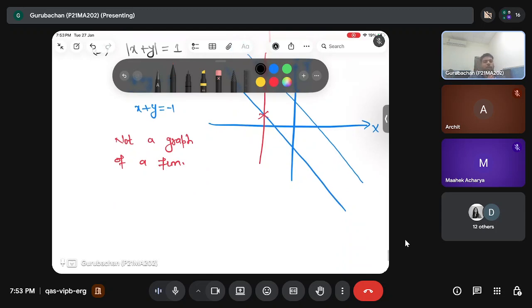Now I am going to introduce a new notion that you have not covered in the class, that is composition of functions.